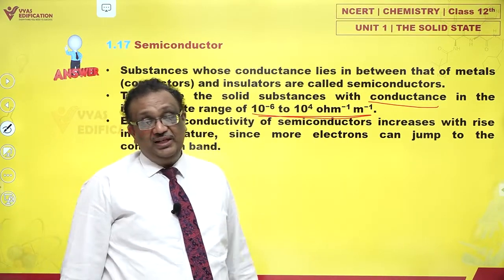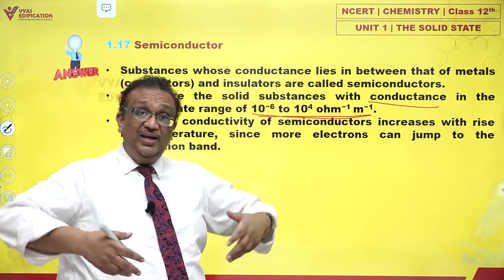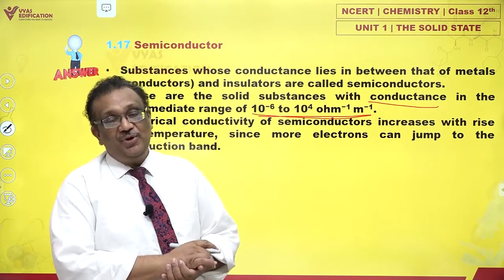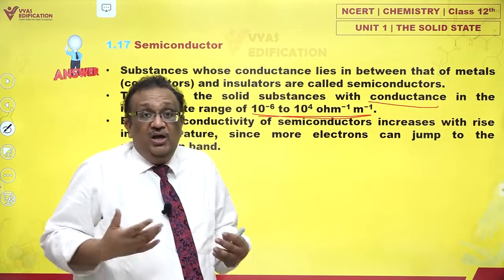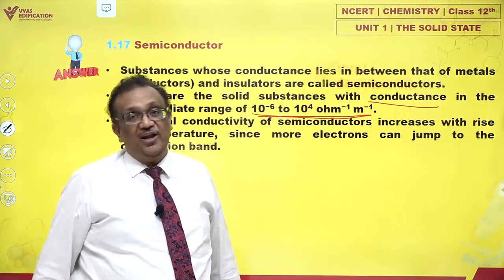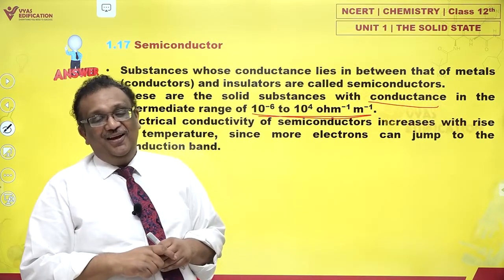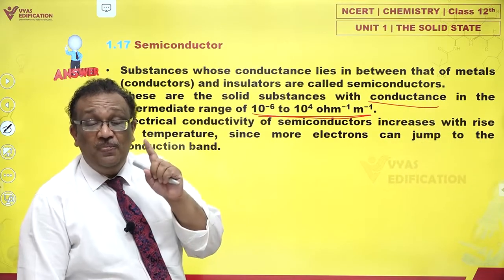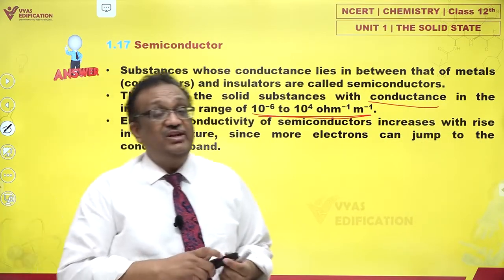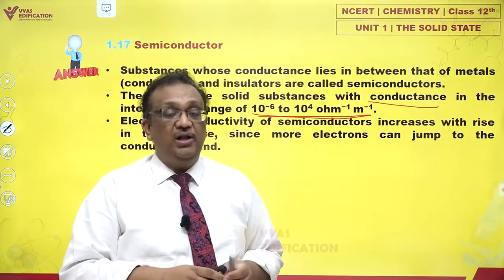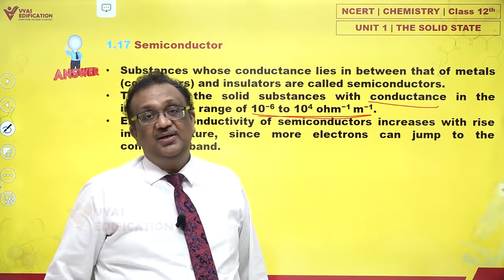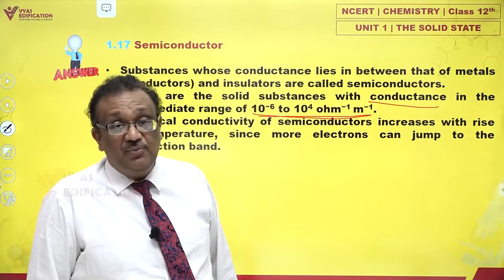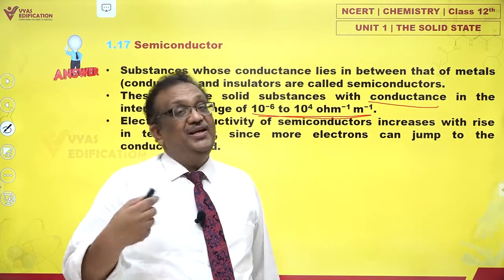Semiconductors are very interesting in the sense that their conductivity increases with rise in temperature, because if you raise the temperature, more and more electrons have energy and can jump to the conduction band and conduct electricity much better. So a very good point of difference between semiconductors and regular conductors is that regular conductors decrease their conductance on increasing temperature, and for semiconductors it is the opposite.